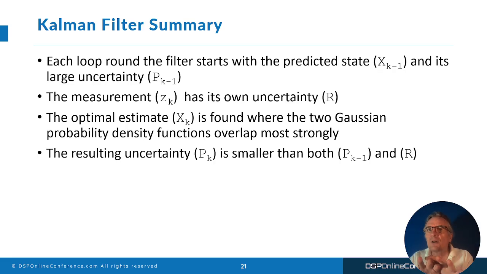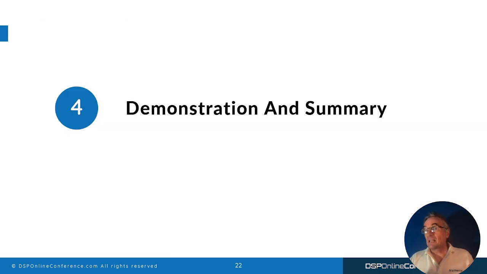When they overlap the most strongly, then the output, the estimate, is most accurate, and hence the resulting uncertainty will be the smallest. So we keep going around the loop, we keep updating the prediction, and hopefully our estimate becomes more and more accurate all the way around the loop. Fantastic. Okay, so that's it.